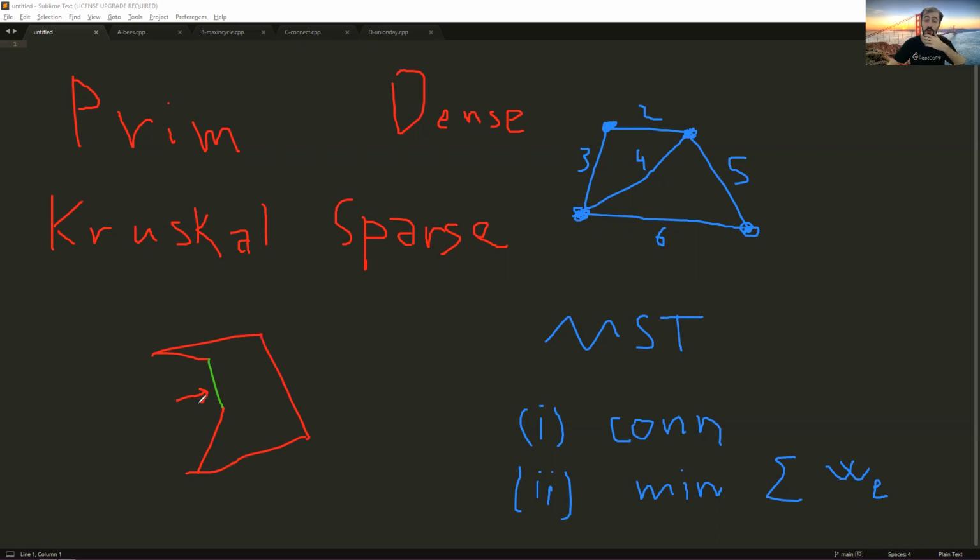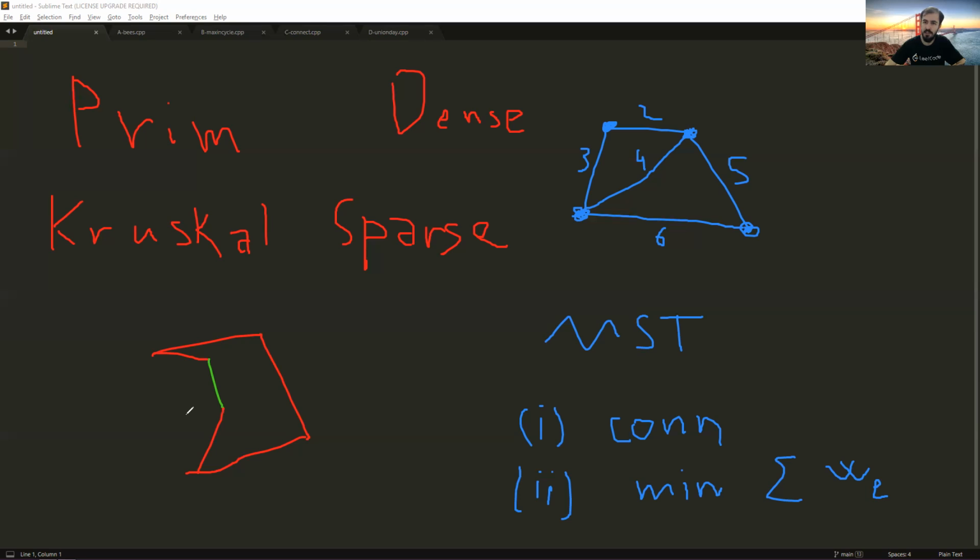Why? Now, if these two vertices were not connected when we were processing this edge, then we would take it, right? Because we always take an edge that connects components that are currently not connected. So it means that by the time we came to that edge, all the red edges were already added.